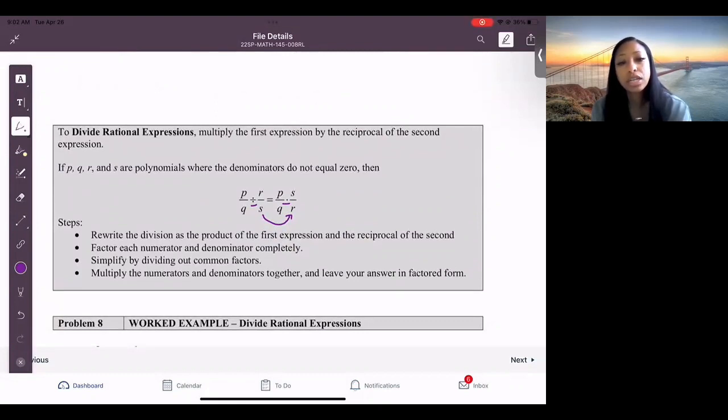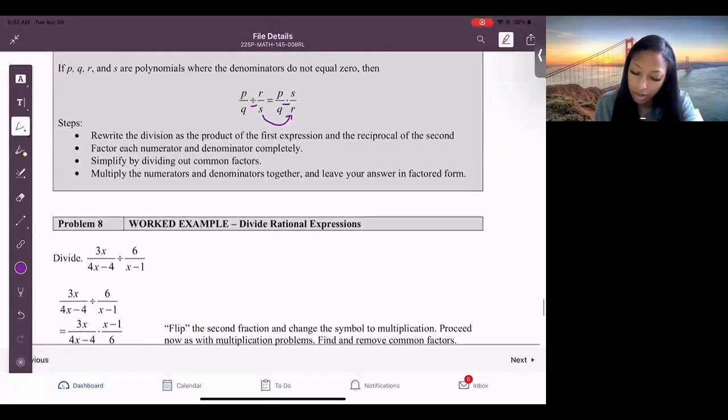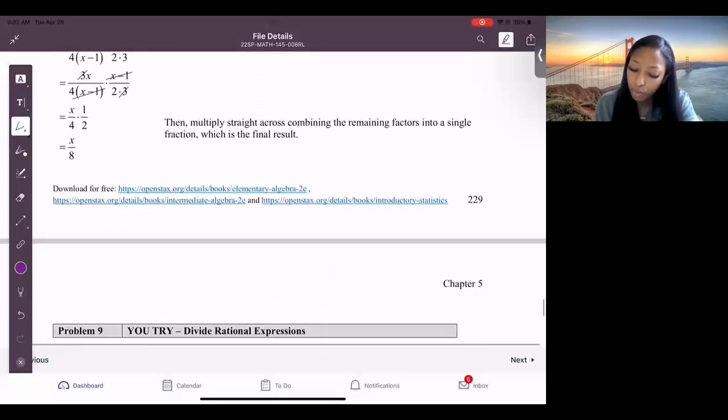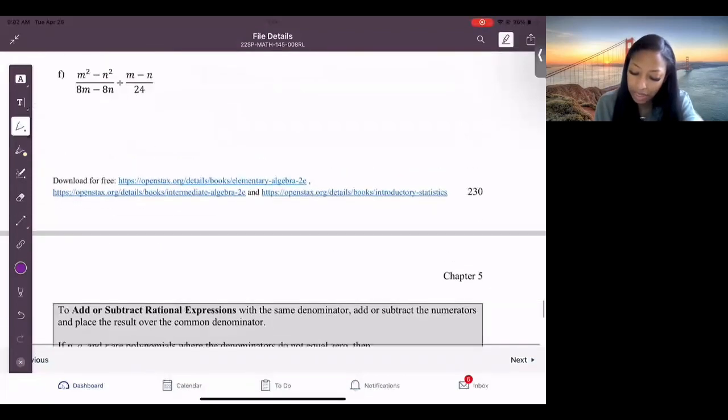Rewrite the division as a multiplication and then follow through with your multiplication steps. So before you do any factoring, before you do anything, rewrite the problem by multiplying by the reciprocal of the second expression. And then factor and simplify and multiply. All right, again, I'm gonna skip through the worked example and go straight to the you try it. We have 6 of these to try.